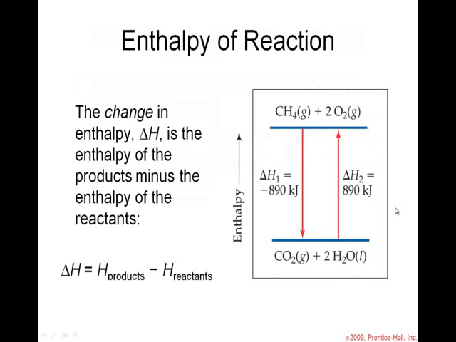So if I'm starting here and I am producing this, it's losing energy, right? Losing 890 kilojoules. If the reaction is going the other way, then I am gaining 890 kilojoules.